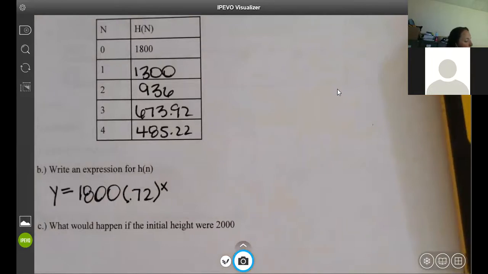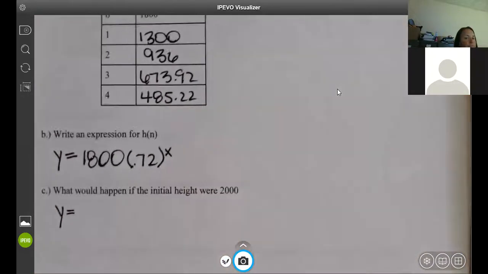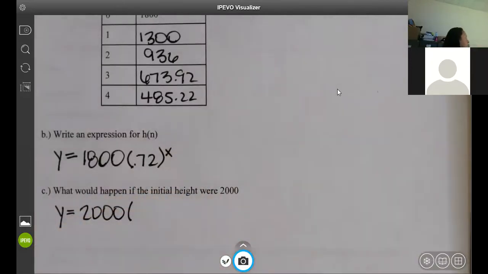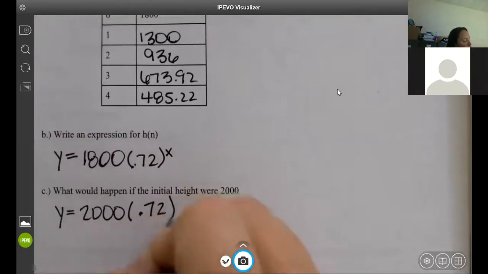What would happen to the equation? Would the start be the same? No. Start at 2,000. But does the ball still bounce the same? Yes, so it would still be 0.72 to the x, so nothing would change.